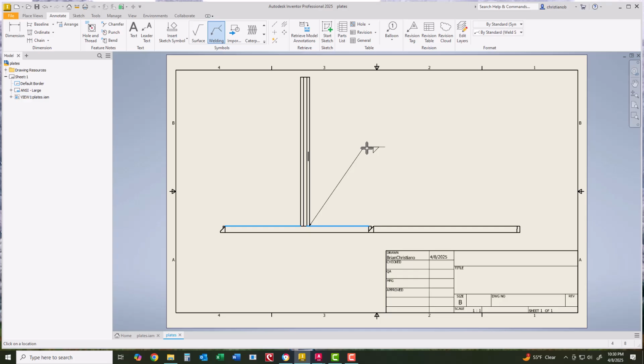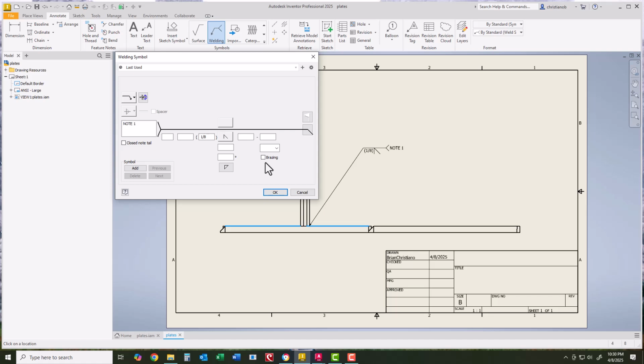And notice it defaults to fillet, because fillet is pretty much the most common. Now, in previous playing around with this, I wasn't using a fillet weld, and there was already a size put in there. Well, that's about right for this size plate.